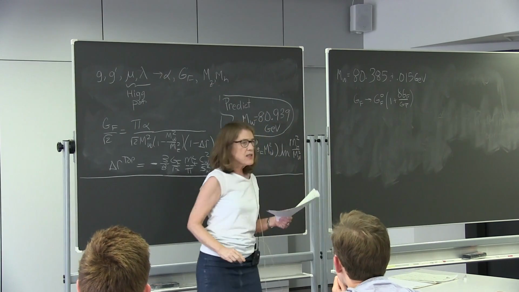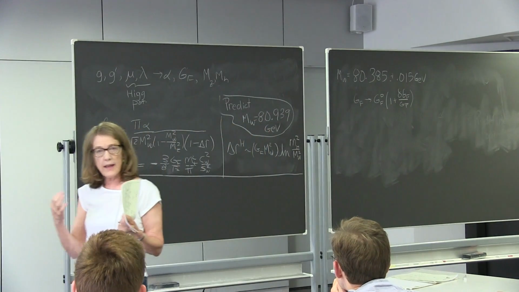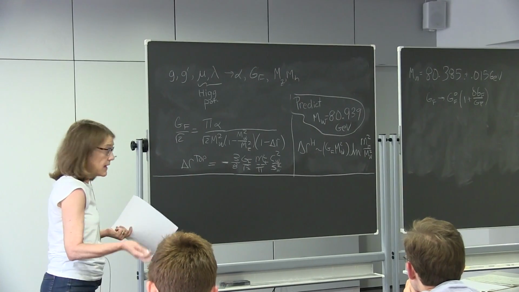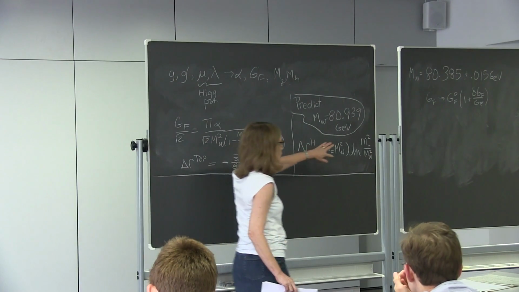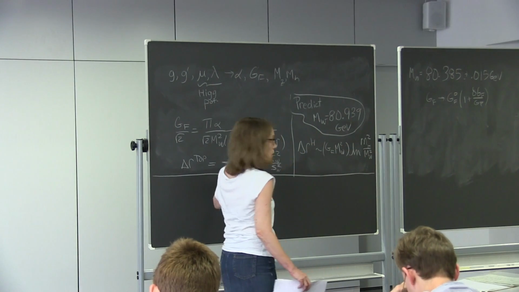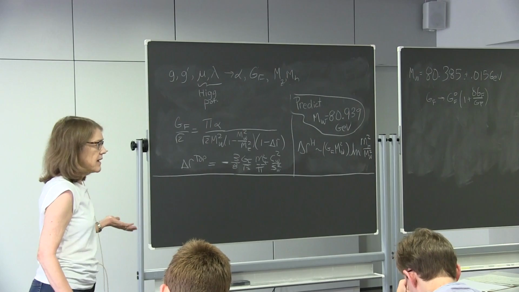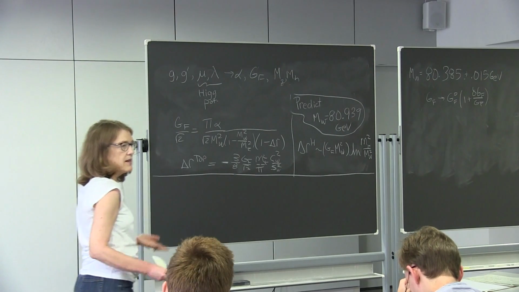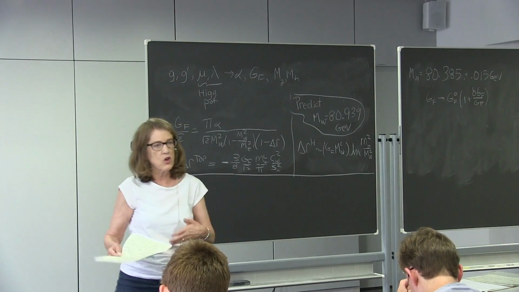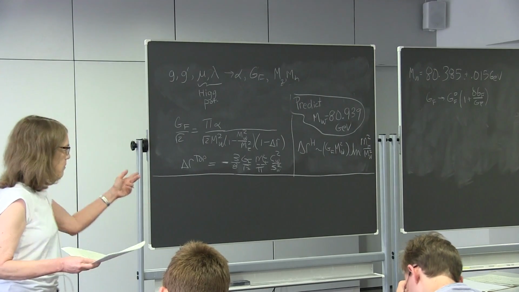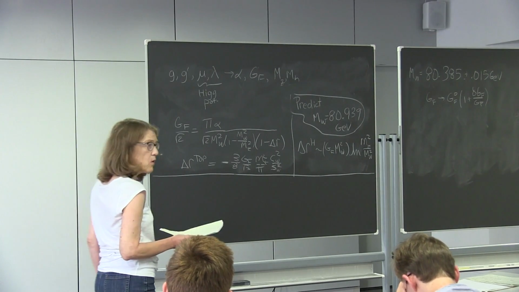So this is a general feature when I calculate corrections from the Higgs boson. I get things which are logarithmic and not quadratic. So the dependence on the Higgs is always much weaker than the dependence on other physics. If I add a bunch of new Higgses or something, it's always logarithmic like this. Any questions here?